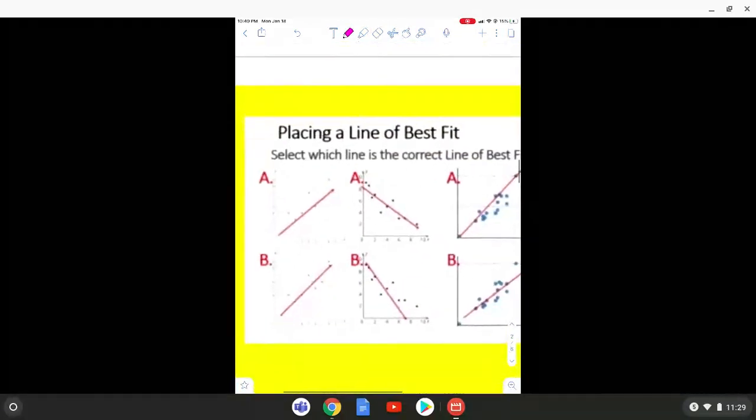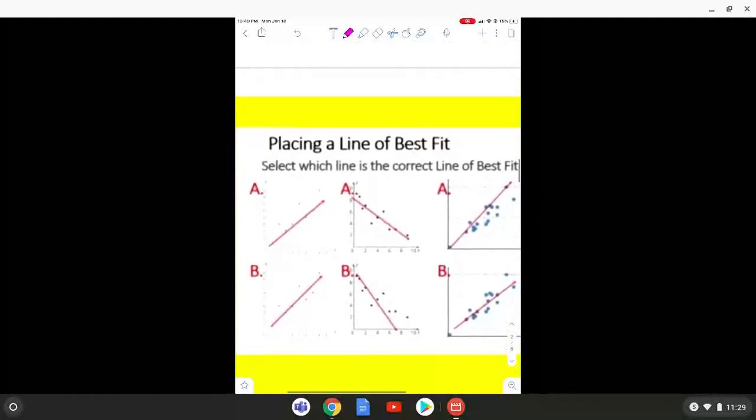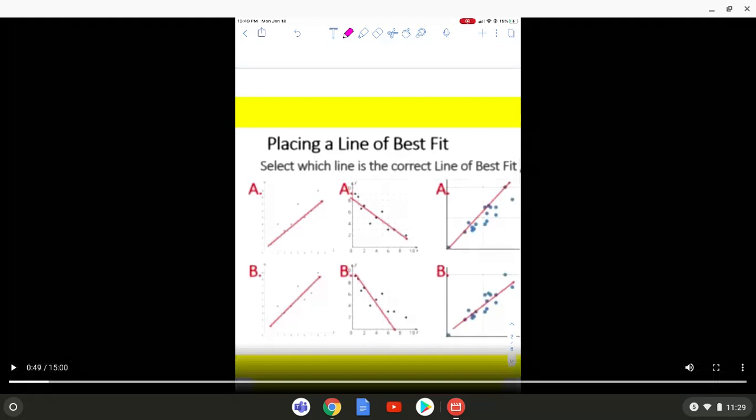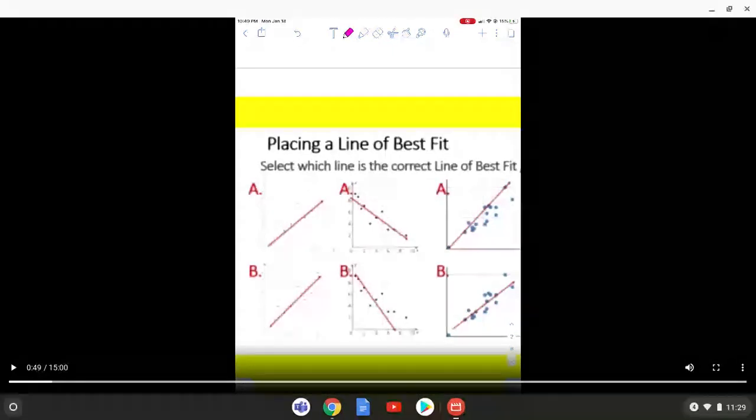Here we're going to select which one is the correct line of best fit. Looking at our first two options, I have A and B. If we look at A, we're hitting a lot of the points on the bottom of that set of data. We're not really hitting a lot on the top, and we're not going through the middle. You have to think about it as going through the middle of your data.